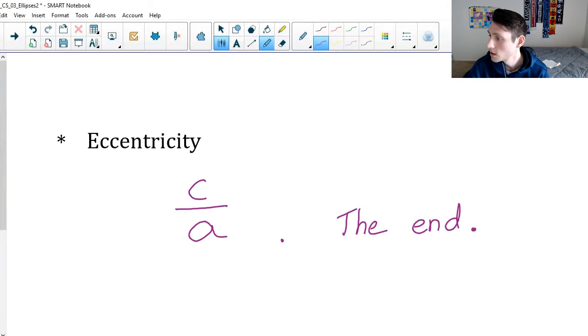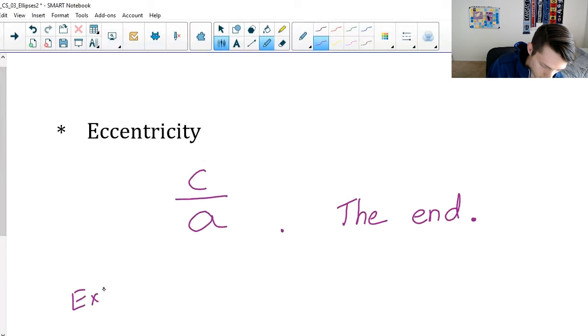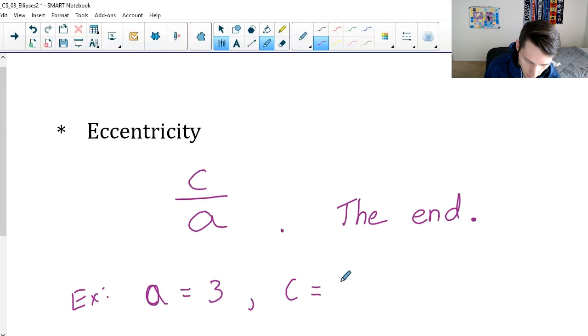Cool. Okay, so just super quick, eccentricity. It's just an aspect of an ellipse. So let's say, for example, in the ellipse A is 3, and if we solved and found that C was, I don't know, 1, whatever.